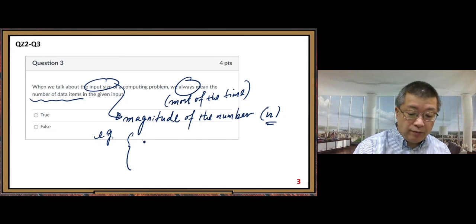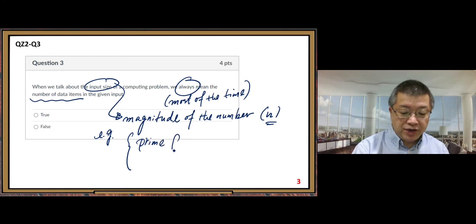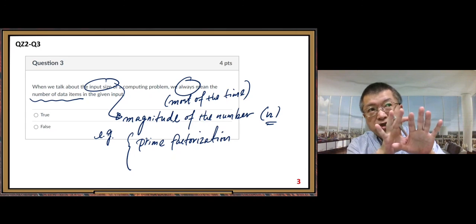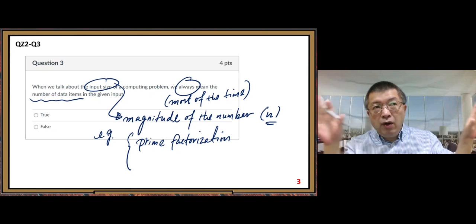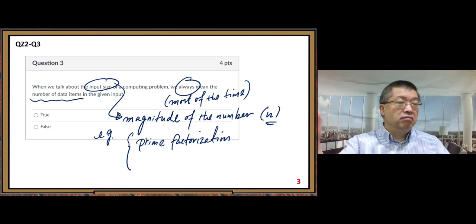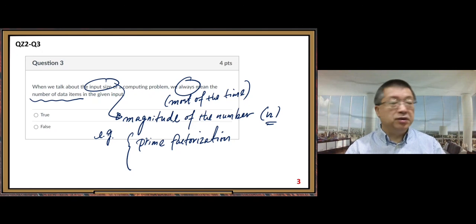The first one, prime factorization: given a number, you need to factorize all of its prime factors. For that computation, you need to use magnitude as its input size.